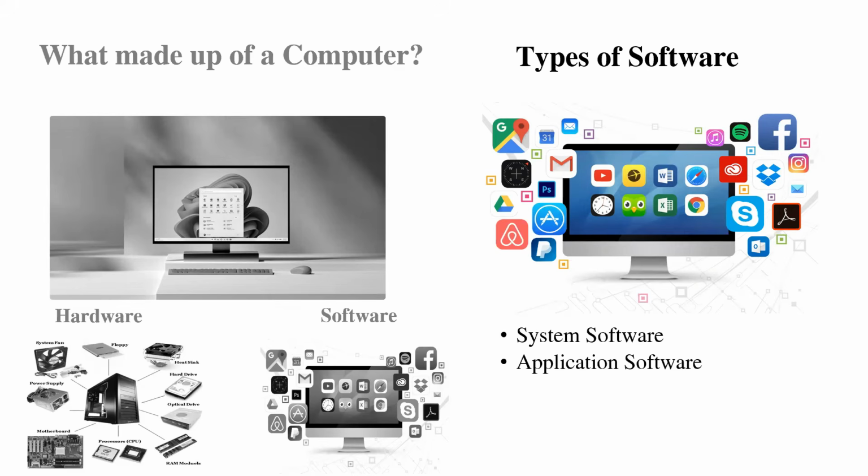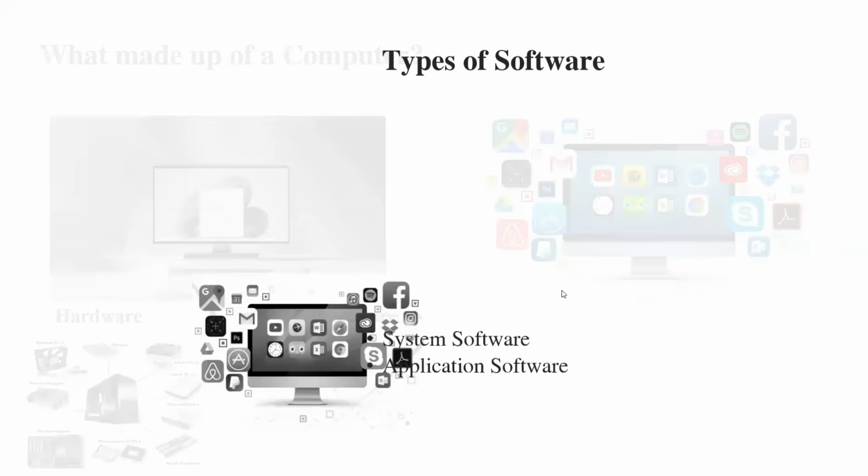Without them, a computer can operate. Even if you don't have Microsoft Word in your computer, you will watch films, or you will do whatever you want. But a computer must have operating system in it, that is, must have system software installed in it for it to operate. These are the types of software that we have.